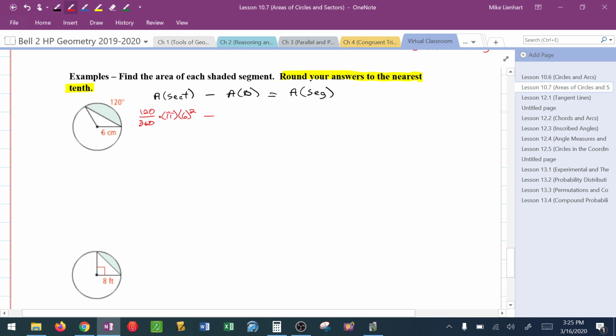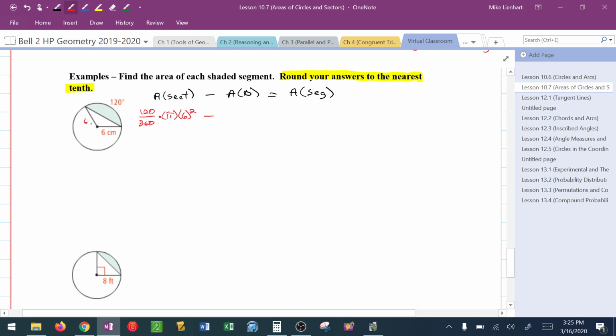I look at this triangle and I say, oh, I don't know the height. The height would actually be right in there. I do have another formula, though, that I can find the area of this triangle. I can do it because I know that this 6 and this side over here has to also be 6. And the reason being is because all radii in a circle must be congruent.